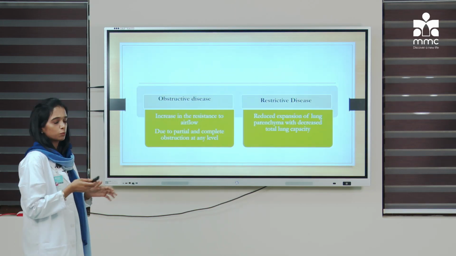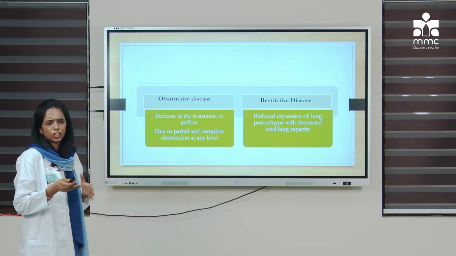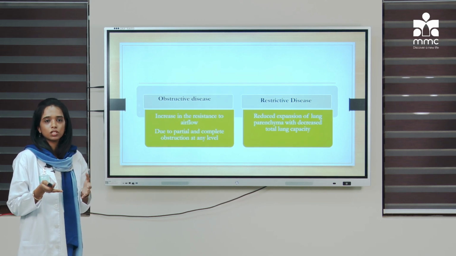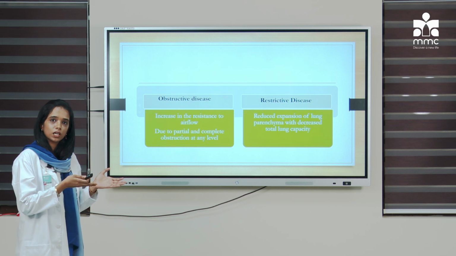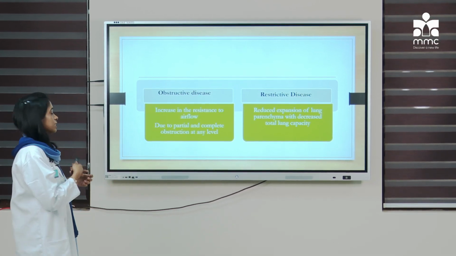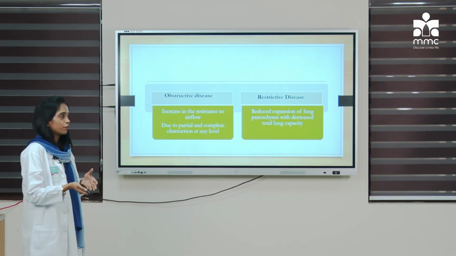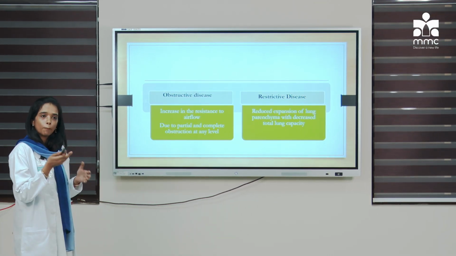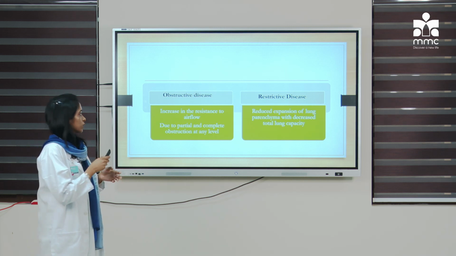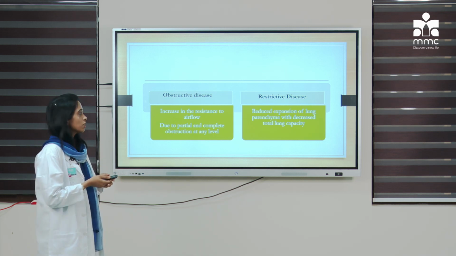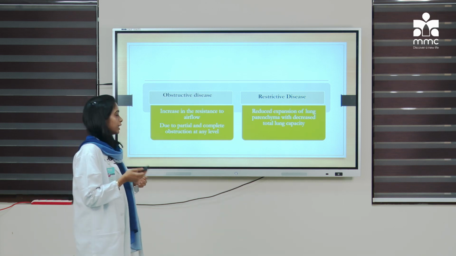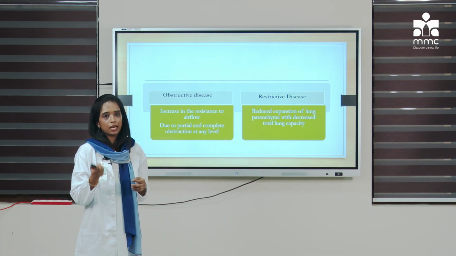Before going into emphysema, we will have a very short description of lung disorders. We can classify them into obstructive and restrictive lung disorders. In obstructive disorders, there is increased resistance to airflow, which may be due to partial or complete obstruction. In restrictive disorders, there is reduced expansion of the lung parenchyma with decreased lung capacity.